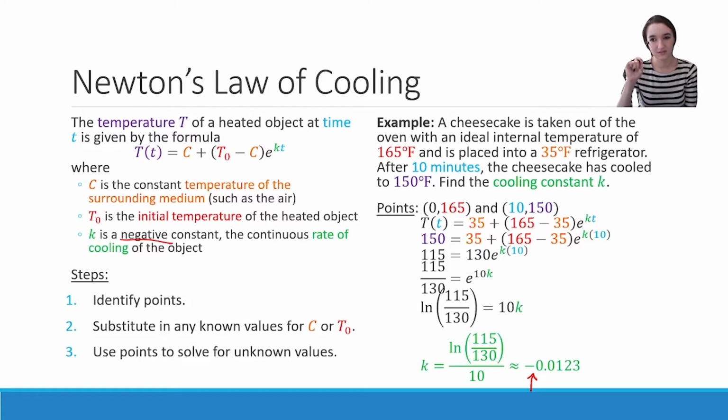So just remember, our temperature should be decreasing, so our K value needs to be negative in order to make us decrease in value. Please check your answers on these. I cannot stress that enough.